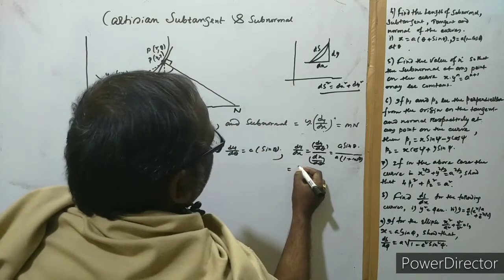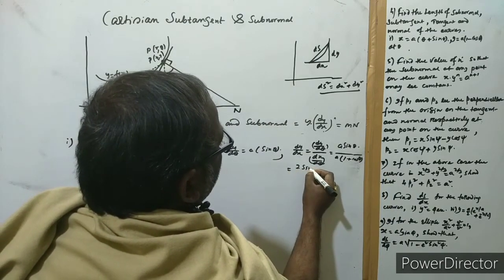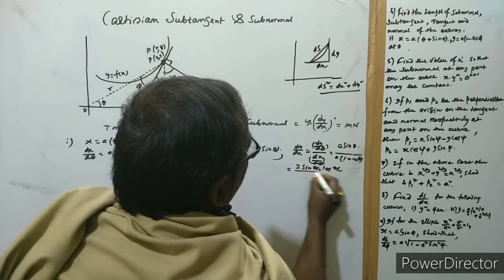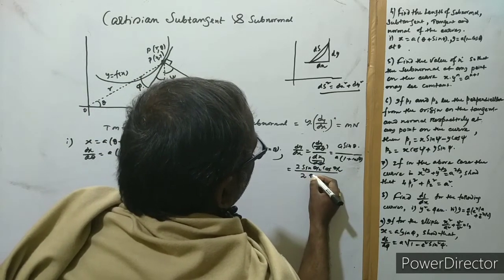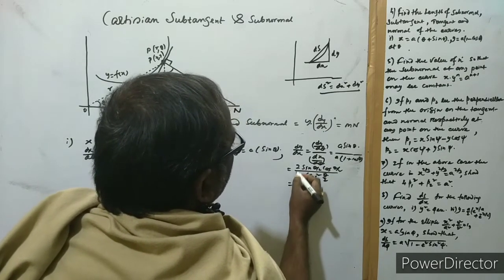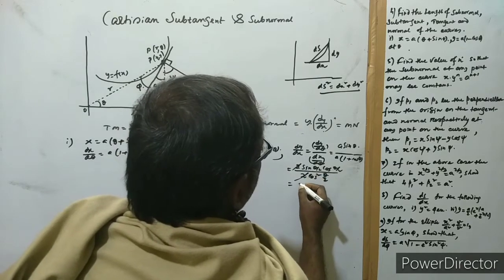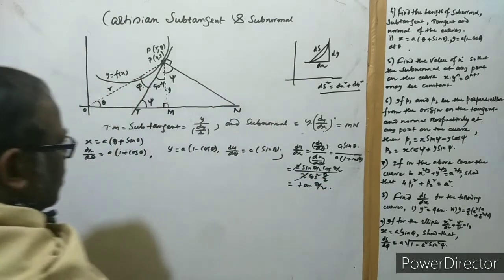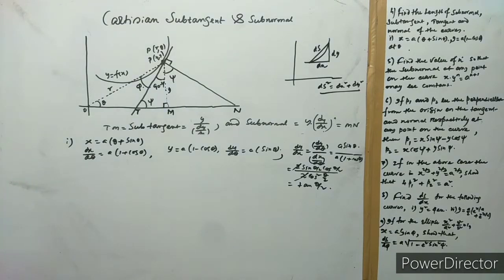This is 2 sine theta by 2 cos theta by 2 over 2 cos square theta by 2. So this is tan theta by 2.